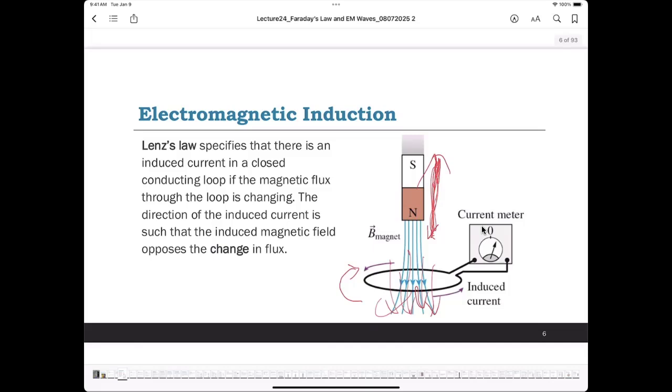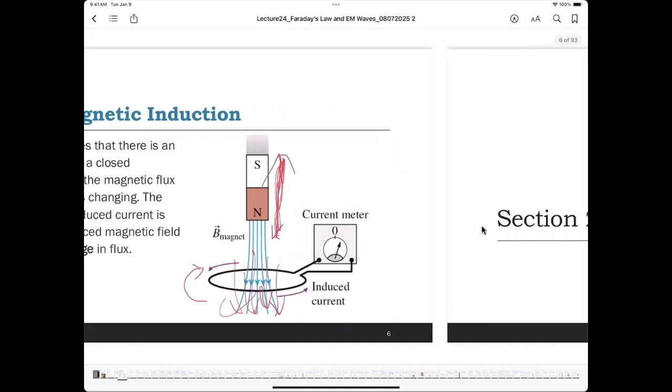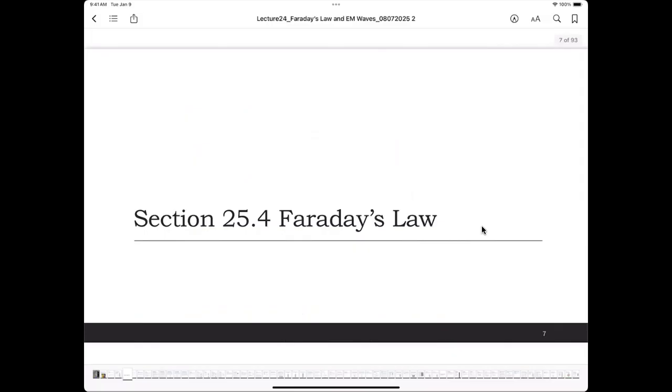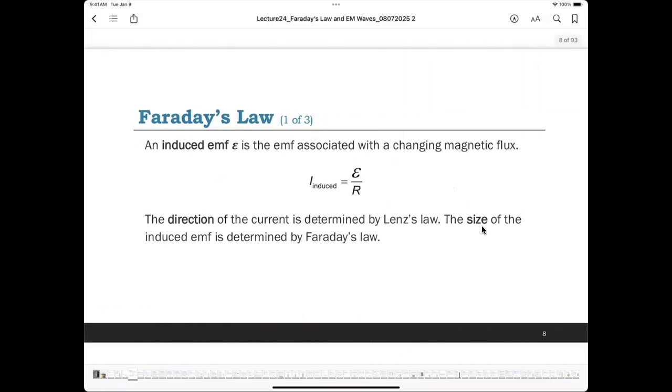Let's continue with today's class. Firstly, let's talk about Faraday's law. An induced EMF, we use this symbol to represent it, is the EMF associated with a changing magnetic flux.